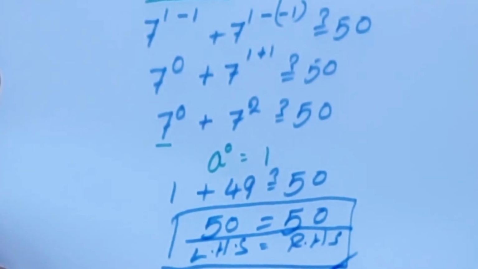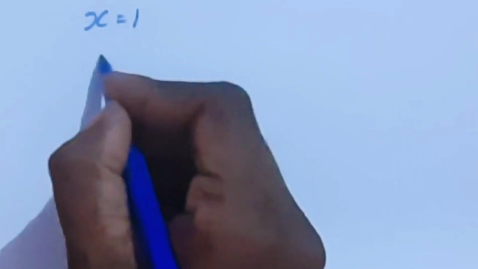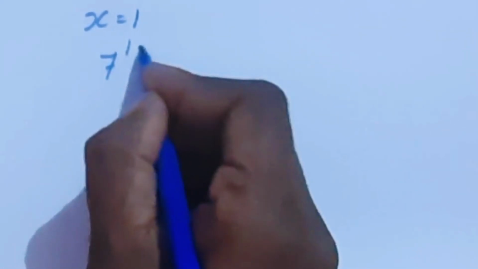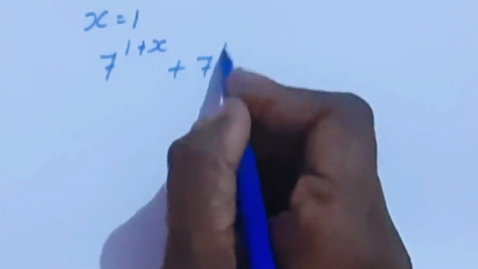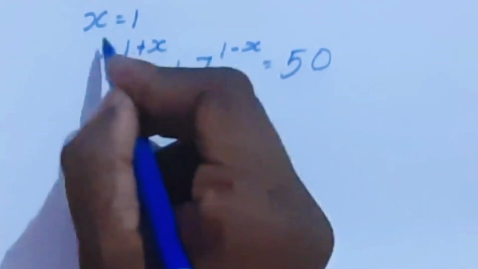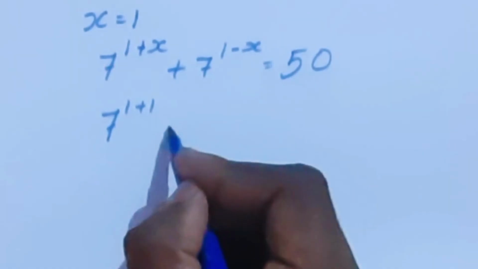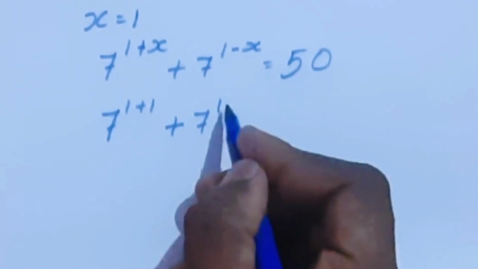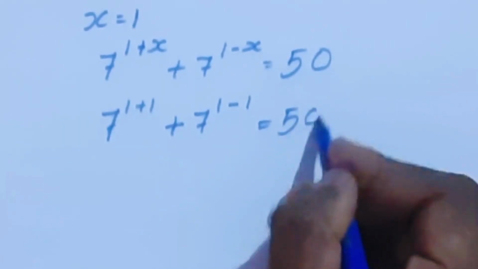Now here we are going to verify for x equal to 1 in the equation that 7 power 1 plus x plus 7 power 1 minus x equal to 50. Applying this x here, so 7 power 1 plus 1 plus 7 power 1 minus this 1 equal to 50.